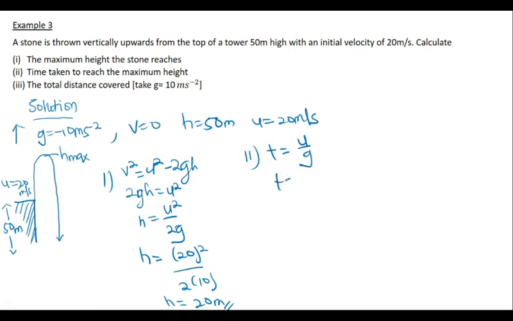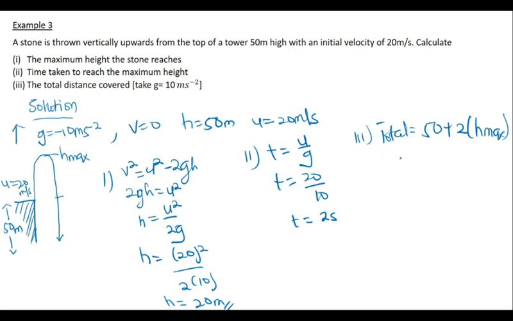So our time is equal to 20 divided by gravity, which is 10. So our time is 2 seconds. (iii) The total distance covered. Beautiful. Like I said, the total distance is the height of the tower, which is 50, plus twice the maximum height, because this is 1, this is 2, and then from here downwards is just the height of the tower.